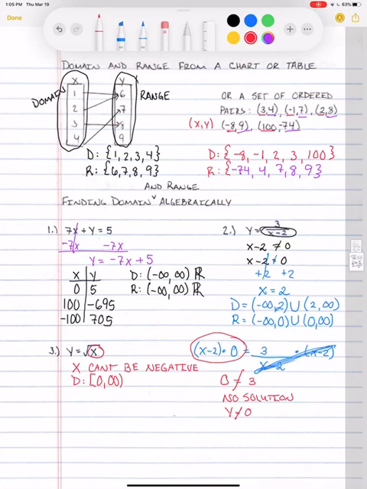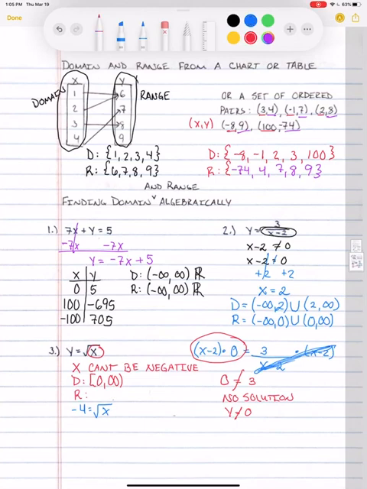My range, let's think about it. If I have a y value that's negative, does that work? Can I have a negative y value? Well, think about it. If I said negative 4 was equal to the square root of something, if my y value was negative 4, could I have a square root of something?